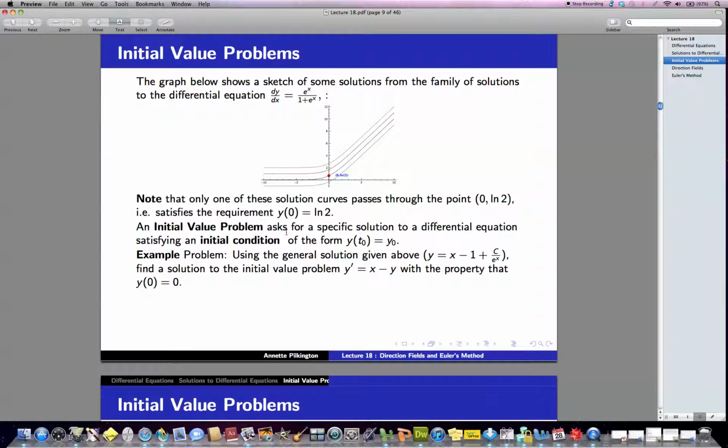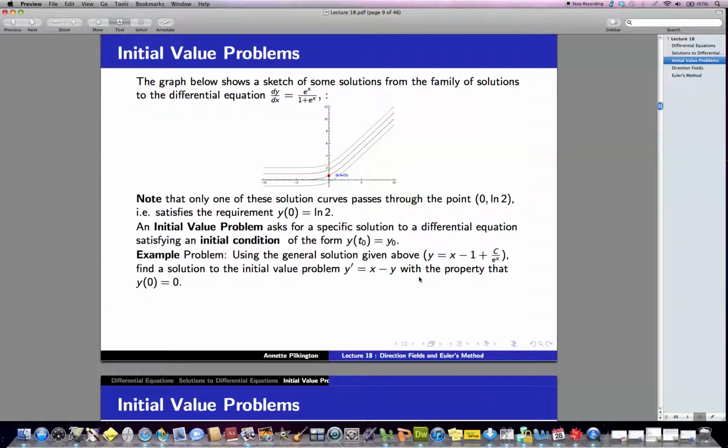An initial value problem asks for a specific solution to the differential equation, satisfying some initial condition that y of some particular value has to be equal to, again, y naught, some particular value of y. An example of an initial value problem would be to use this general solution, which is something we'll solve for later. Suppose I know that this is the general solution to this differential equation.